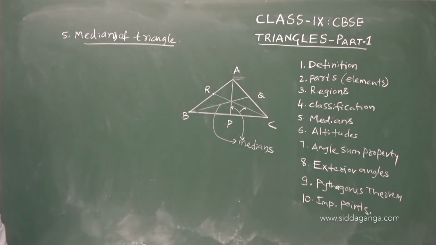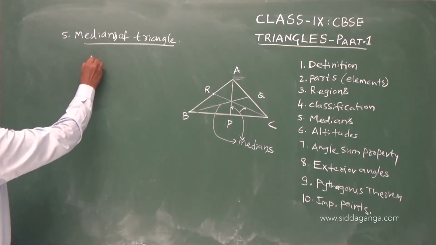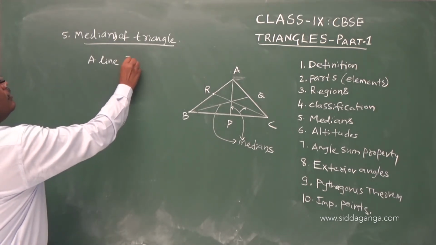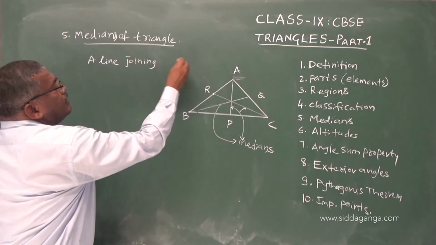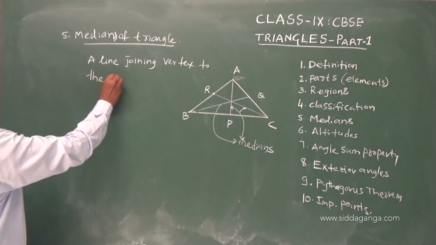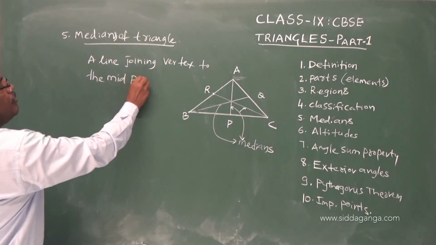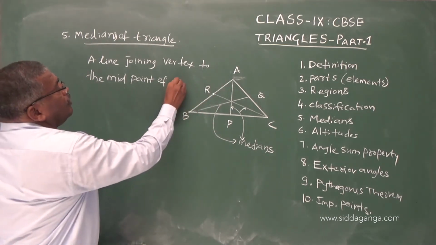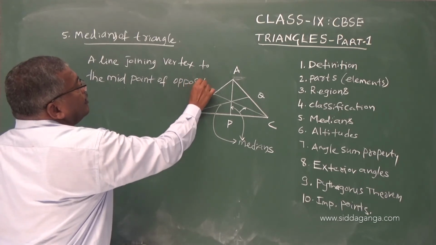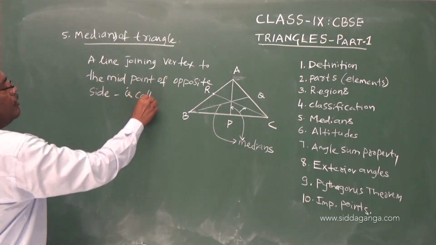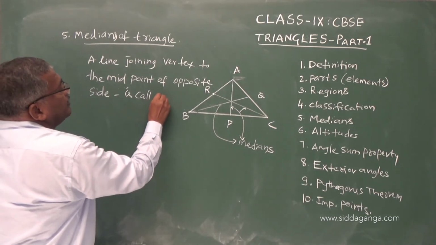So we shall write: median of a triangle, a line joining the vertex to the midpoint of the opposite side is called a median.